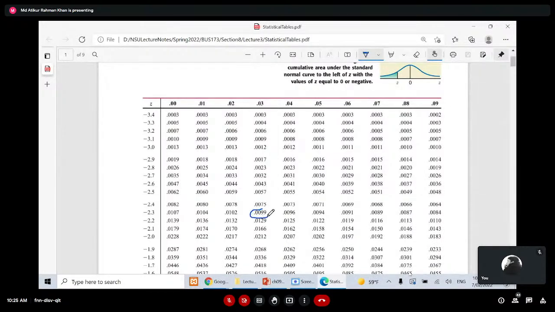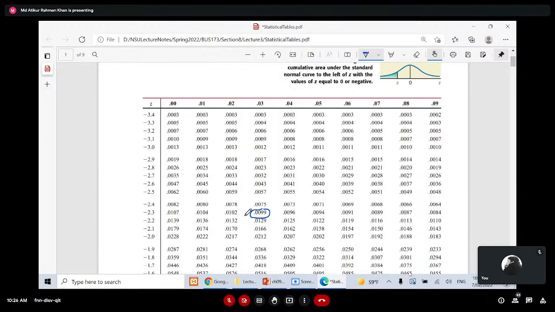Sir, suppose the value was 0.0101. Should we choose the lower or the higher one? If the difference is the same, then you may choose the higher value, or you can come between these two. If they are exactly the same difference, then you can come to the middle.